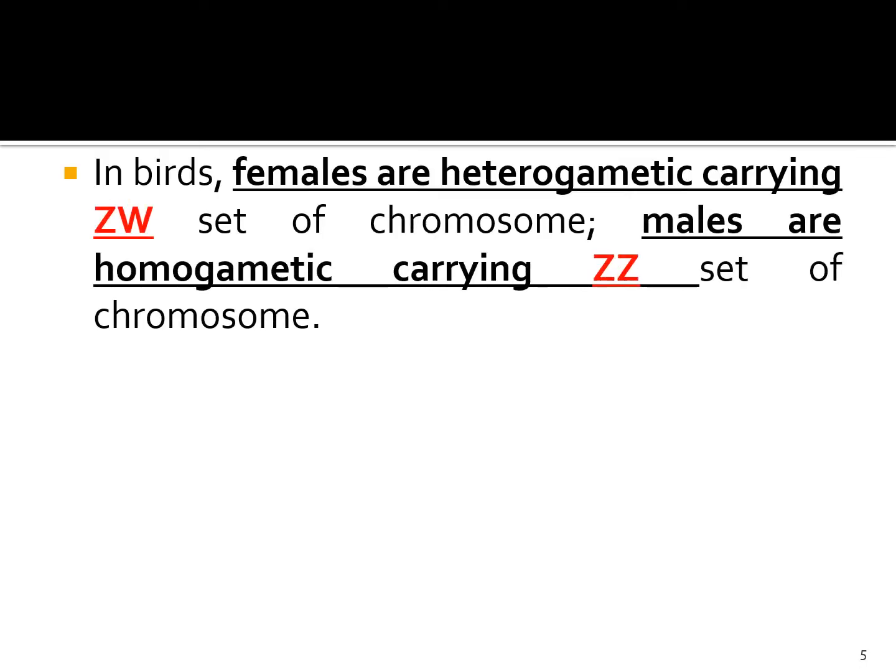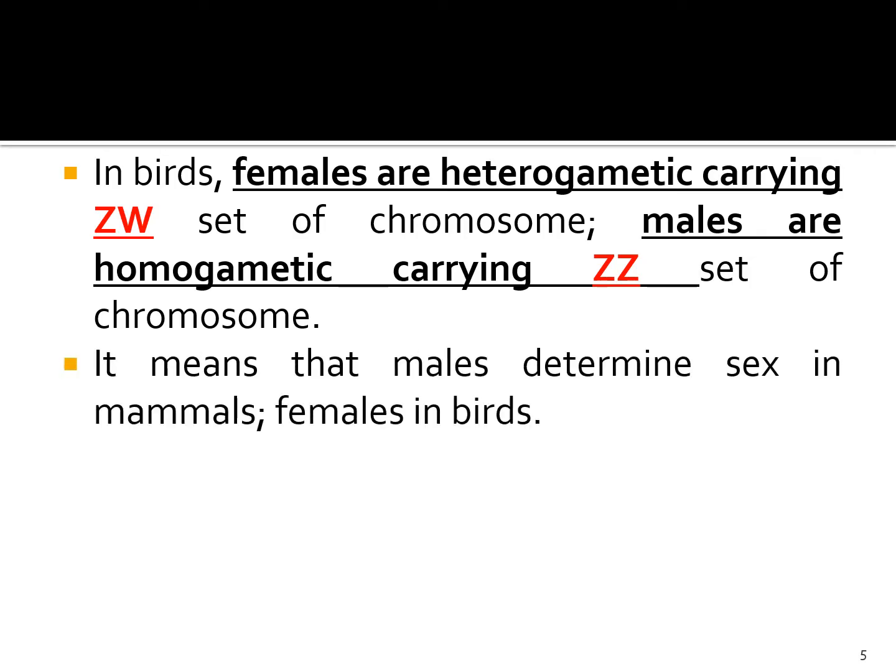In birds, it is the females that are heterogametic, carrying the ZW set of chromosomes, while the males are homogametic, carrying ZZ. So it means that the females determine sex in birds, while it is the males that determine sex in mammals.